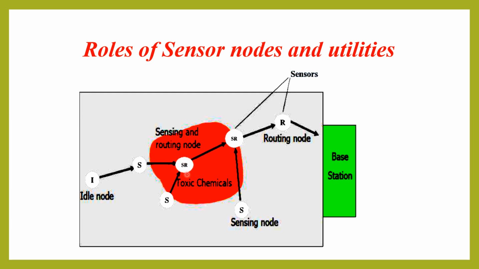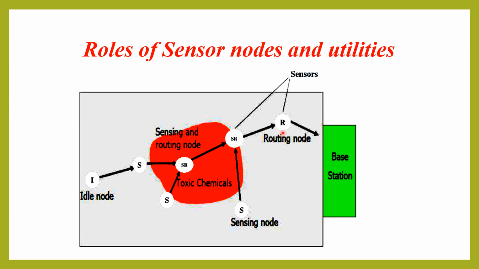It will perform the aggregation and then route the information to the next immediate sensor, which also performs aggregation with its own sensed information, and then finally routes the information to the next nearby node, which is far away from the environment but close to the base station. I can make use of this node to perform the operation of routing alone.